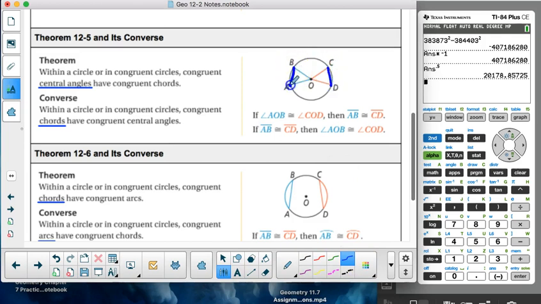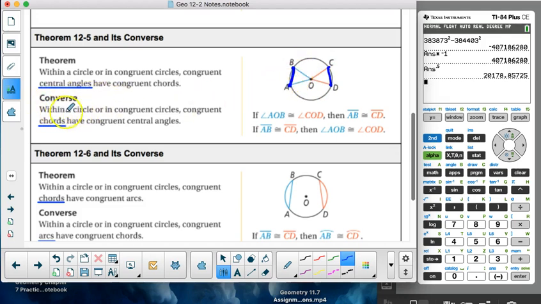So these two blue chords are the same size. They're defined by our congruent angles, and they come in contact here at B and A and C and D. So if my angles are congruent and they define congruent arcs, then the chords that connect the endpoints of the congruent arcs are going to be congruent as well.